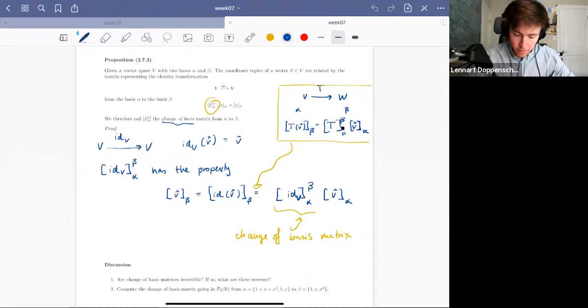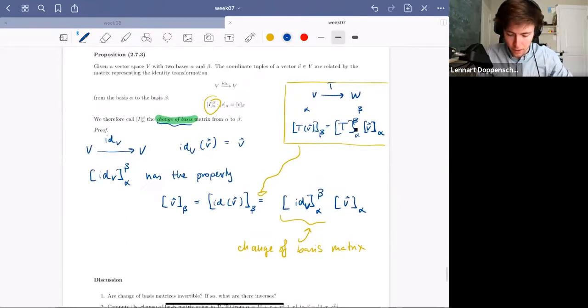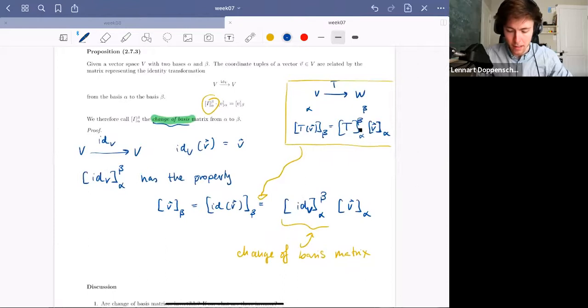And we found in this proposition that we covered last time at the end that this matrix, which we call the change of basis matrix for obvious reasons, is precisely the matrix for the identity transformation. So if you consider its matrix in the bases alpha and beta, this will be exactly the change of basis matrix from alpha to beta.